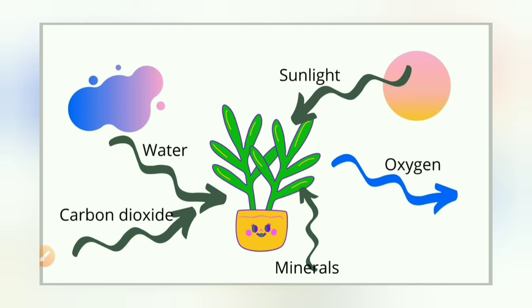Glucose is nothing but food. So they are producing food in the presence of sunlight and the chlorophyll in their leaf. They take water, carbon dioxide, and minerals, and they produce food. In return, they release oxygen into the air. Remember, it is the same oxygen that we take for our survival. So the tree is producing oxygen in return.